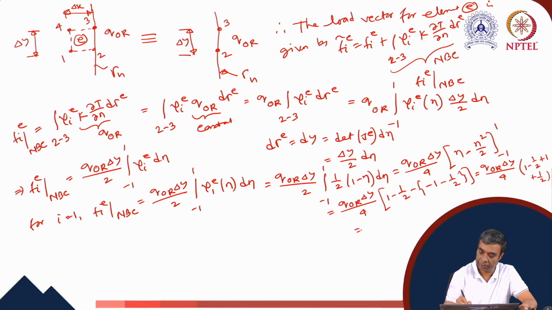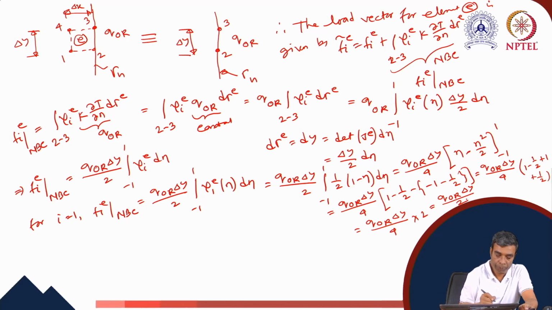So this gives us Q0R delta y by 4 into 2 equals Q0R into delta y by 2.